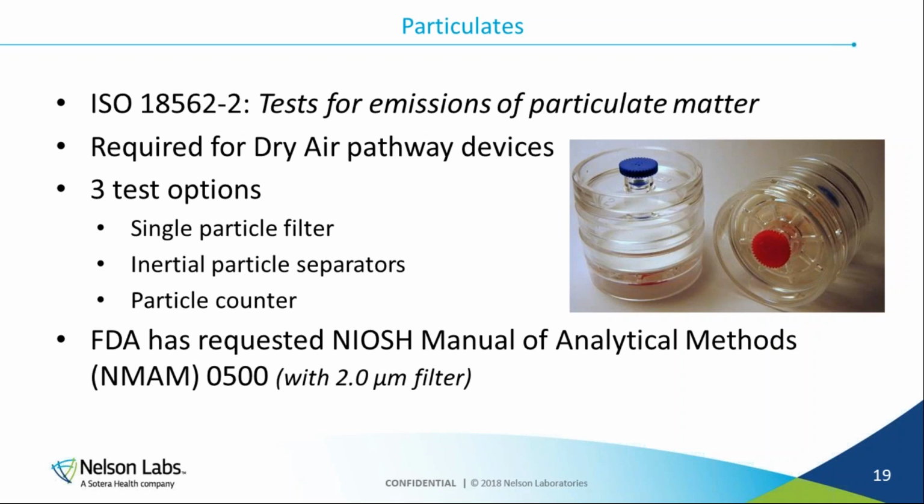You can do a single particulate filter, inertial particulate separators, or you can use a particulate counter or particle counter. In our conversations with FDA, they've requested NIOSH Manual of Analytical Methods 0500, which is a particulate test procedure that's already been established, and they would like us to do it with a 2-micron filter.